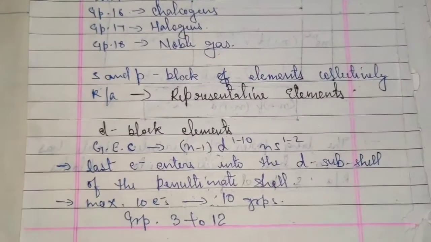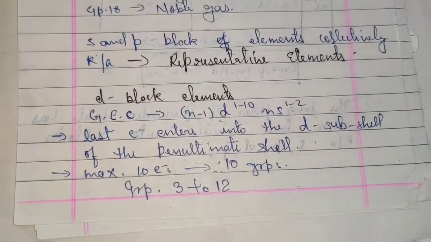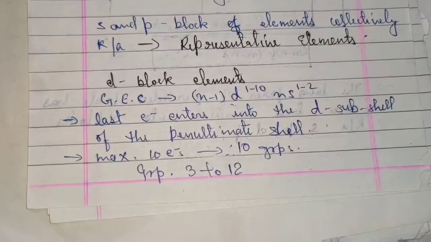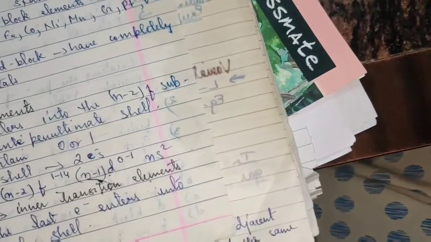So children, go through S, P and D block elements. Try to write down their electronic configuration and compare it with the general electronic configuration, and then let me know if you have any doubt or any problem.